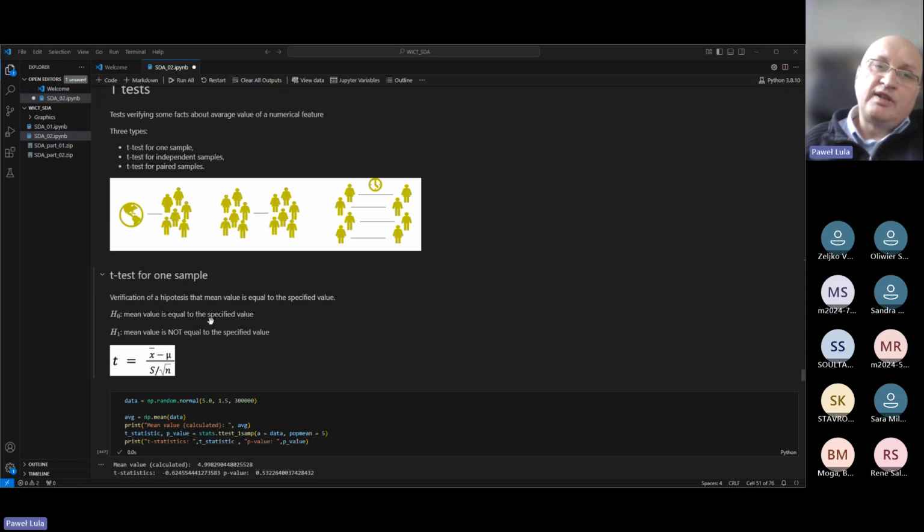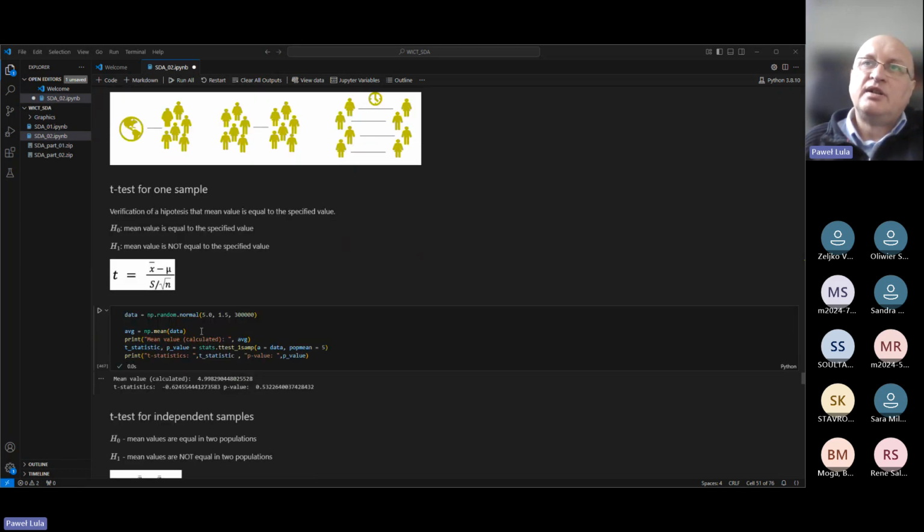But of course, we can reformulate it and check if the difference between these two values is equal to zero. It is normalized using this formula. It is with statistics, but of course it is not necessary to calculate these values by hand. It will be done automatically. Here I have a data set, an artificial data set.